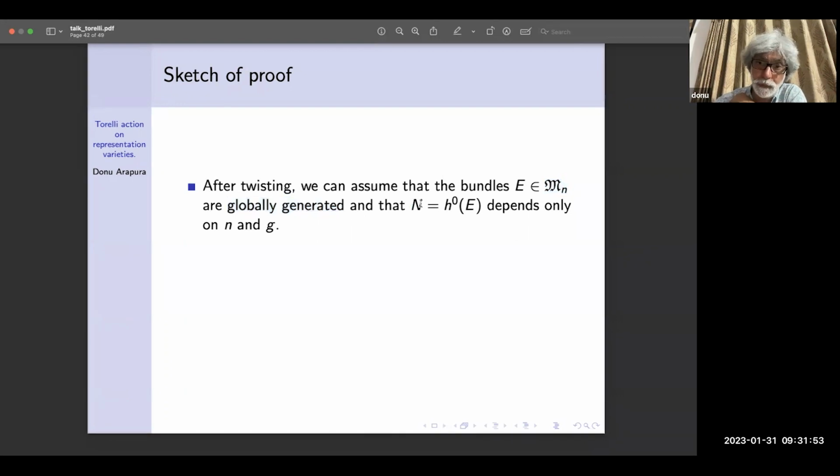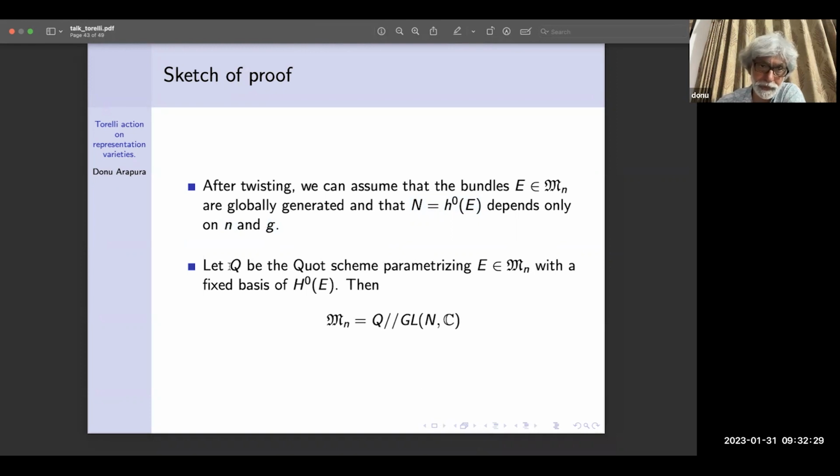And moreover, the dimension of the space of global sections is some universal polynomial in the rank and the genus. All I'm saying is that the first cohomology vanishes and then you throw it into Riemann-Roch. So it's whatever you get from Riemann-Roch. That's just a technical point, but it is used in the next item.